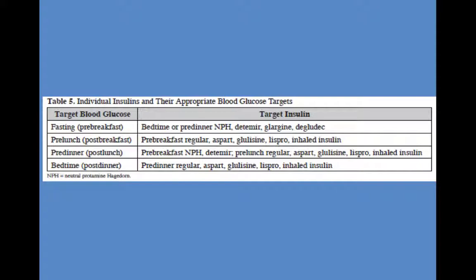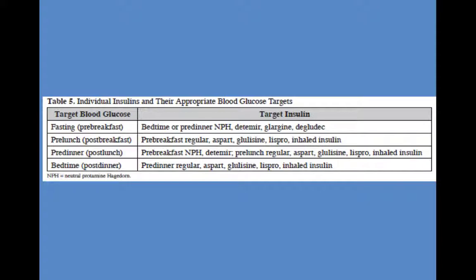So all the rest of my day is great, but my fasting is high. Then I need to make an adjustment to my bedtime or pre-dinner NPH, or my Detemir, Glargine, or Degludec, which are those basal insulins.